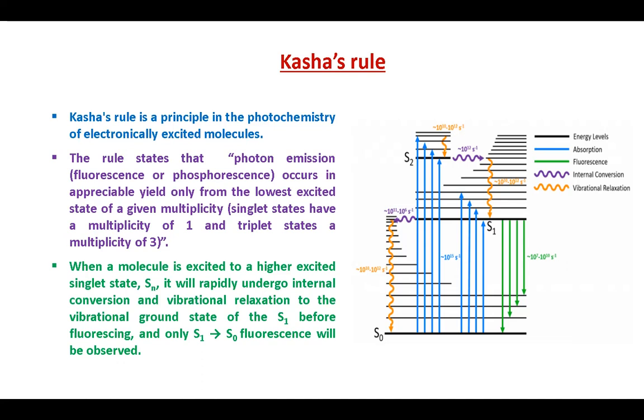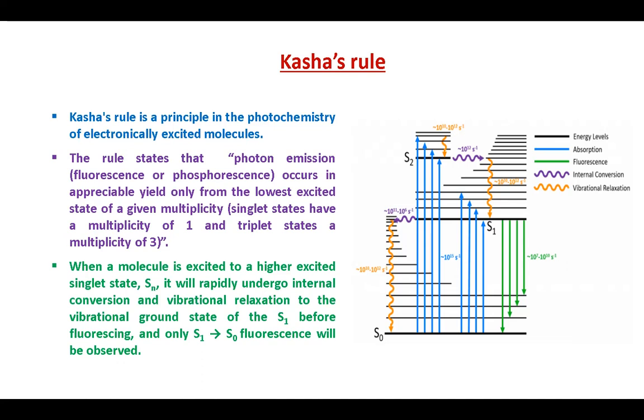Kasha's rule. The rule is relevant in understanding the emission spectrum of an excited molecule. Kasha's rule is a principle in the photochemistry of electronically excited molecules. The rule states that photon emission occurs in appreciable yield only from the lowest excited state of a given multiplicity.